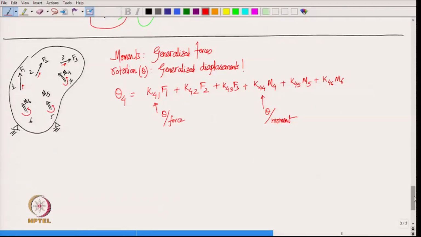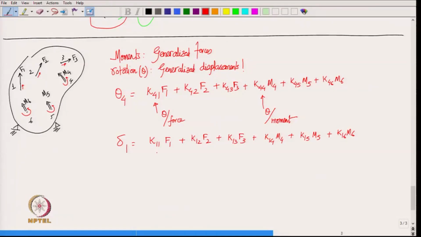We can also find out the displacement at point 1, for example, and then delta_1 is k_11 into f_1 plus k_12 into f_2 plus k_13 into f_3 plus k_14 into m_4 plus k_15 into m_5 plus k_16 into m_6.